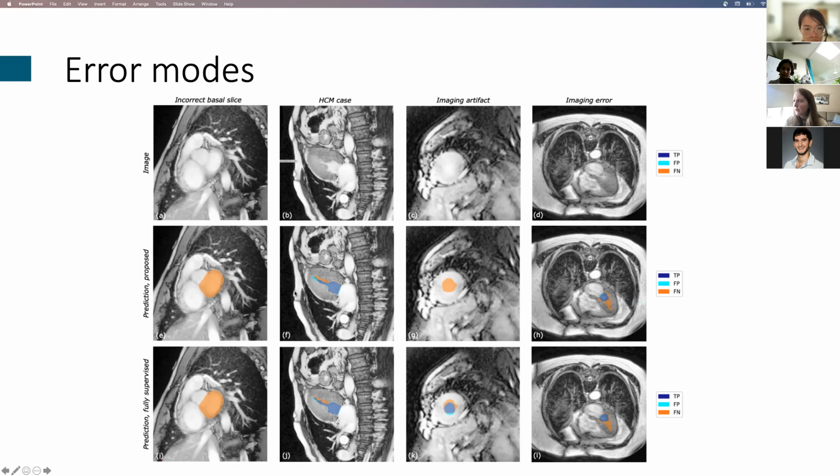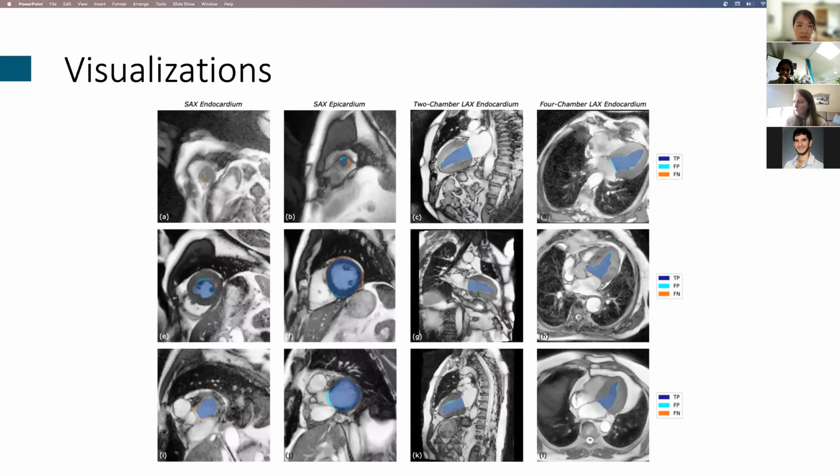So the categories of error, the one I was just talking about, this HCM case. One place we often don't do super well is with patients who have very abnormally small left ventricles. Typically the left ventricle, like if you look here in this 3rd row, these circles are nice and big, they're quite clear.